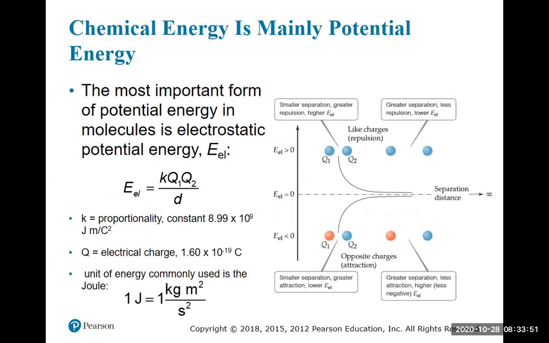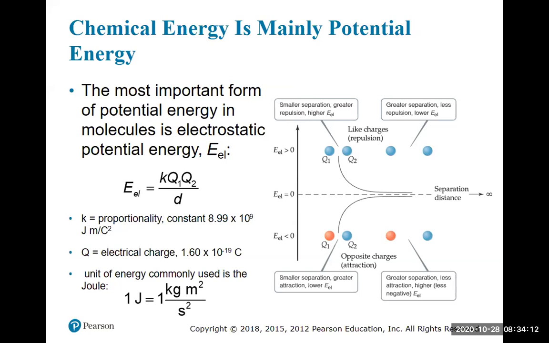One of the things we talked about was potential energy, and with atoms and molecules, you're usually talking about electrostatic potential energy. Here's the formula for that.